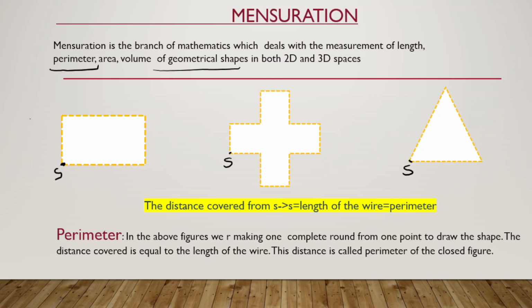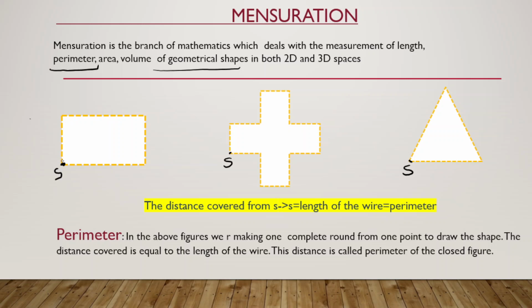Today we are learning about the concept of perimeter. Children, do you know what is the perimeter? Children, look at these figures. In these figures we are forming a closed figure. All these are closed figures. Suppose I was using a wire to form these figures.